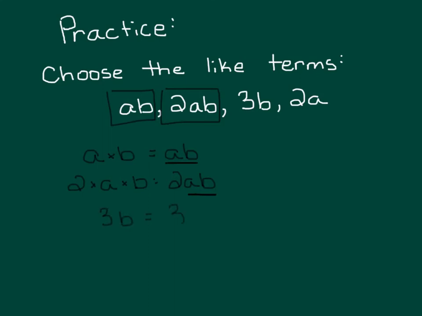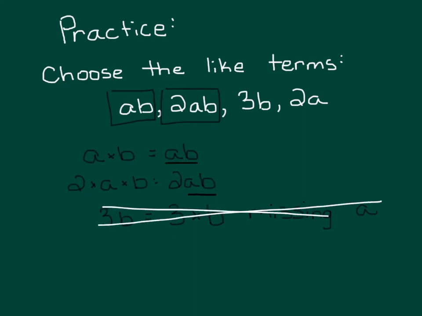We're getting 3B because we have 3 as the coefficient and a single variable B. Notice that that B appears in the first two terms, but it's missing the variable A. So, unfortunately, it doesn't qualify as being a like term with AB and 2AB.